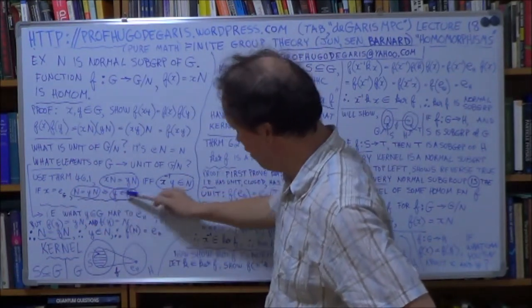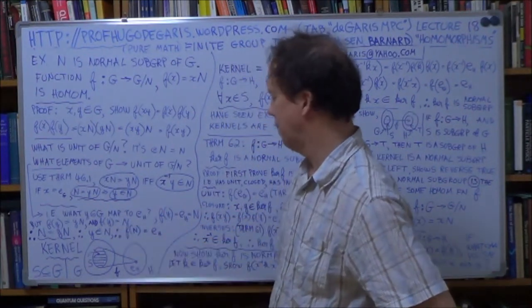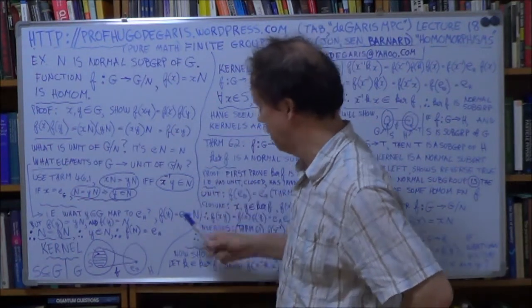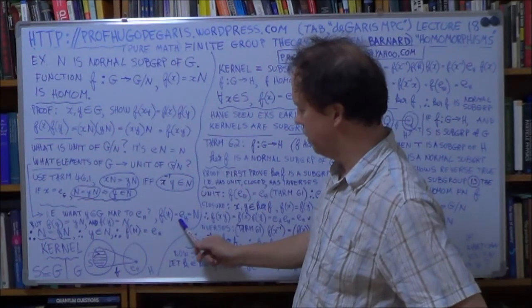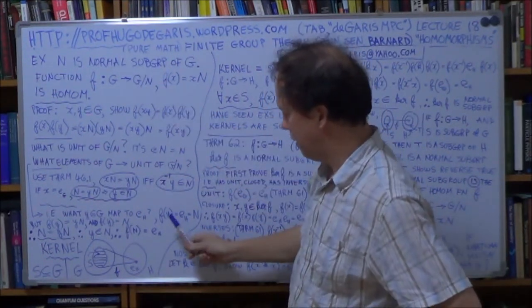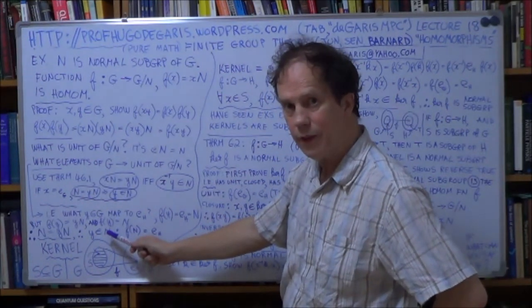So if that's true, then this is true. Therefore, y belongs to N. So the answer to our question was, which y's map to the unit of H, or the unit of this? And the answer is, well, the y's that belong to N. Okay?